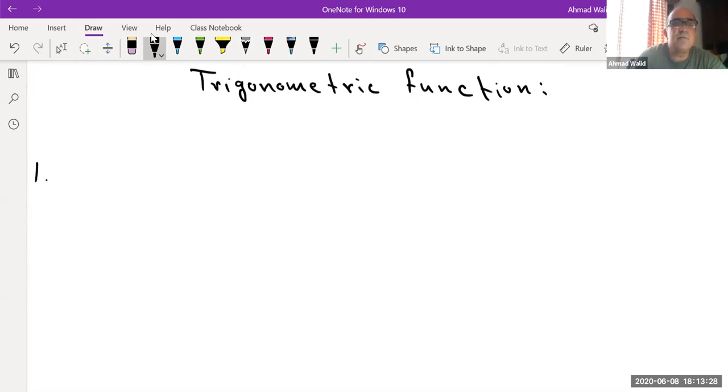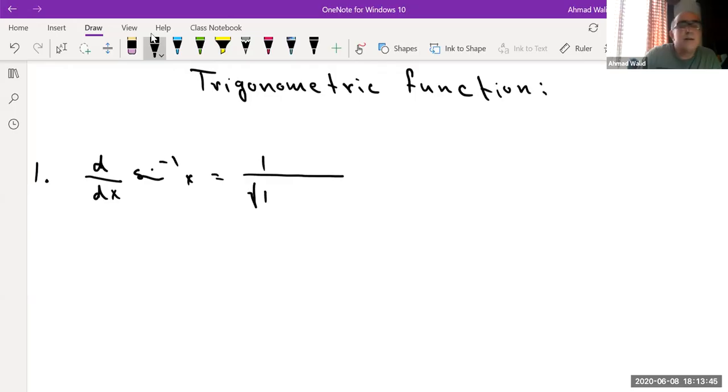At least for 3 of them, I did the proof, but again, I will write all of them as a table for you. Number 1, d/dx of inverse sine x equals 1 over square root of 1 minus x squared.